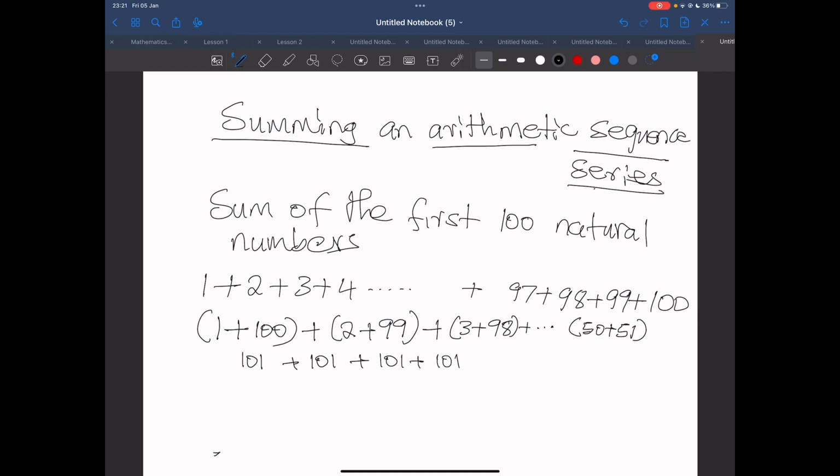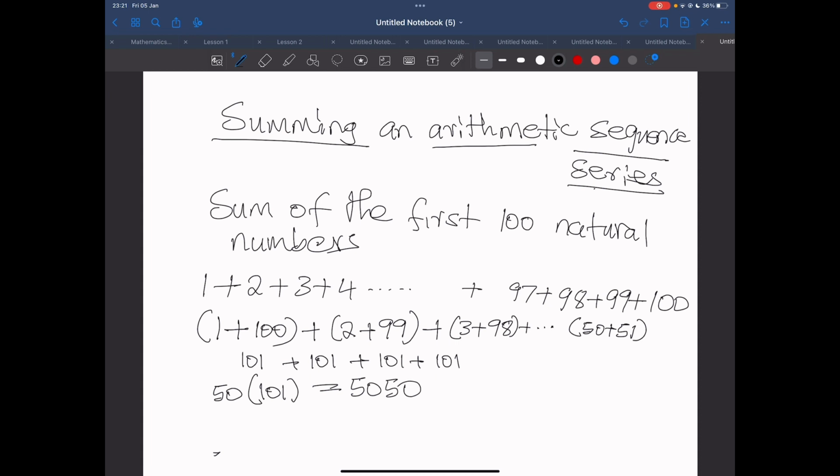So he concluded that the sum of the first 100 terms, because these terms were 100 and they have been paired, means now there are 50 pairs. So the answer is 50 of this 101, which gives 5,050.